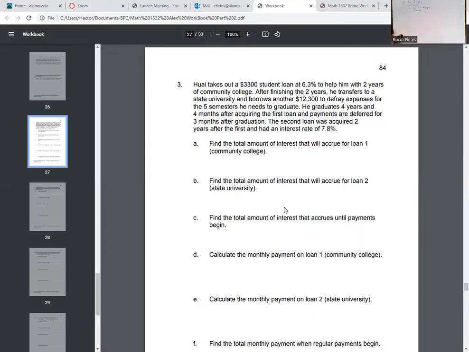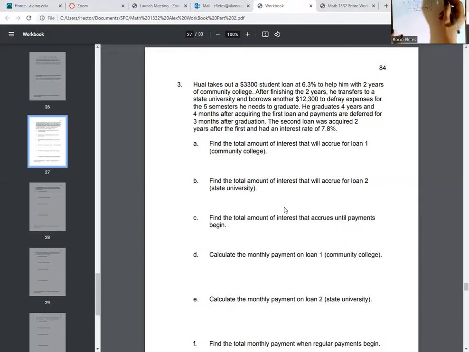And then it says, after finishing the 2 years, he transfers to a state university. So he's going to transfer to a state university and borrows another, so this is the community college, and then the state university.